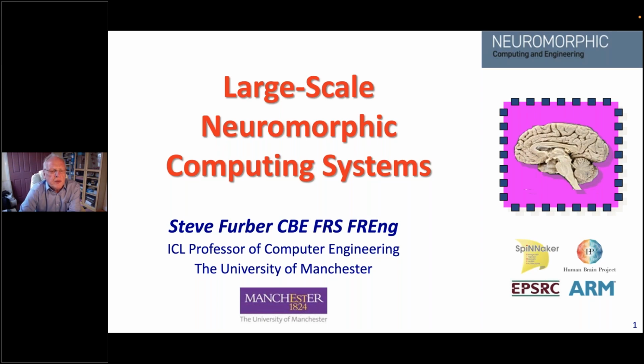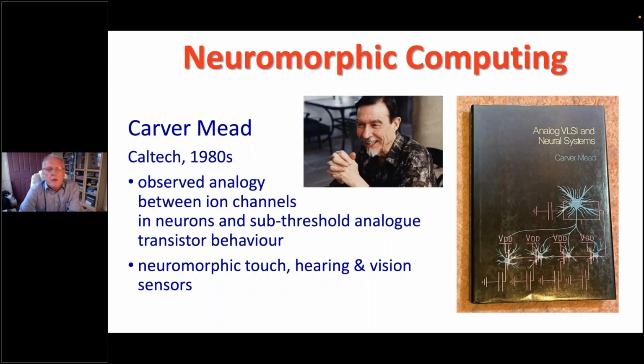But before we get onto large scale, it's worth reminding ourselves that neuromorphic engineering really has its grounding in the 1980s at Caltech, where Carver Mead first introduced the term, and he observed that there was a close analogy between the equations that describe the flow of ions in ion channels in neurons and the equations that describe the flow of carriers in subthreshold analog transistors.